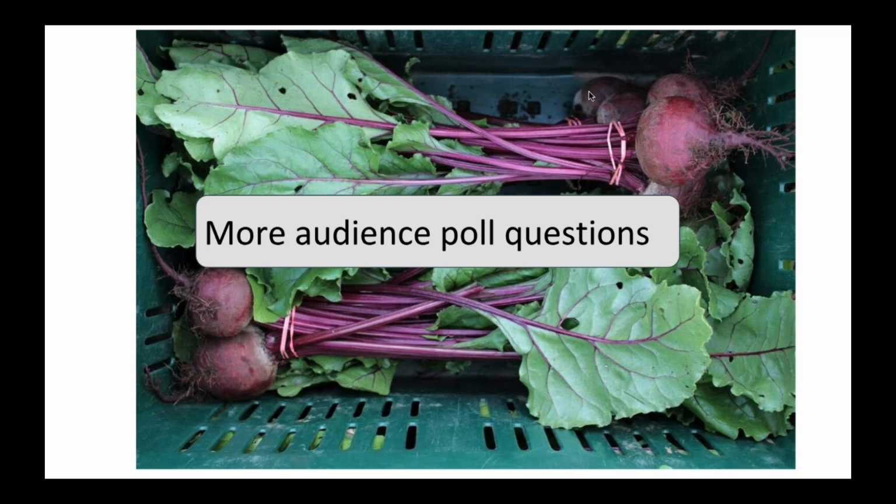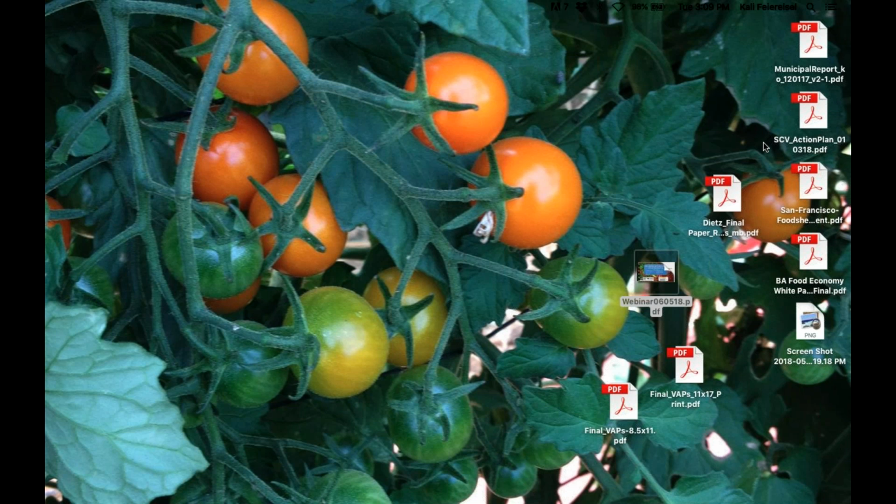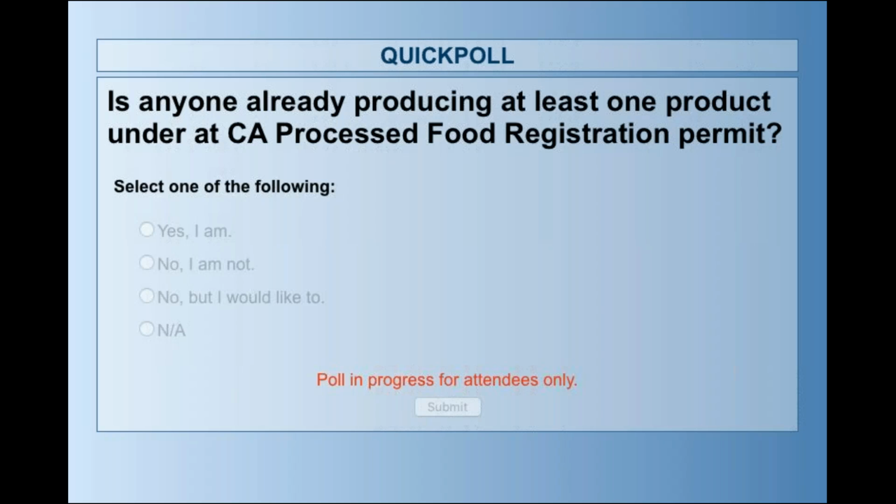So we have a couple more audience questions, but these are a little bit funner. I'm gonna activate the first one here and ask the audience, do you have at least one product currently in production under the Cottage Food Law? Great, thanks folks. Okay, we have 2 more.